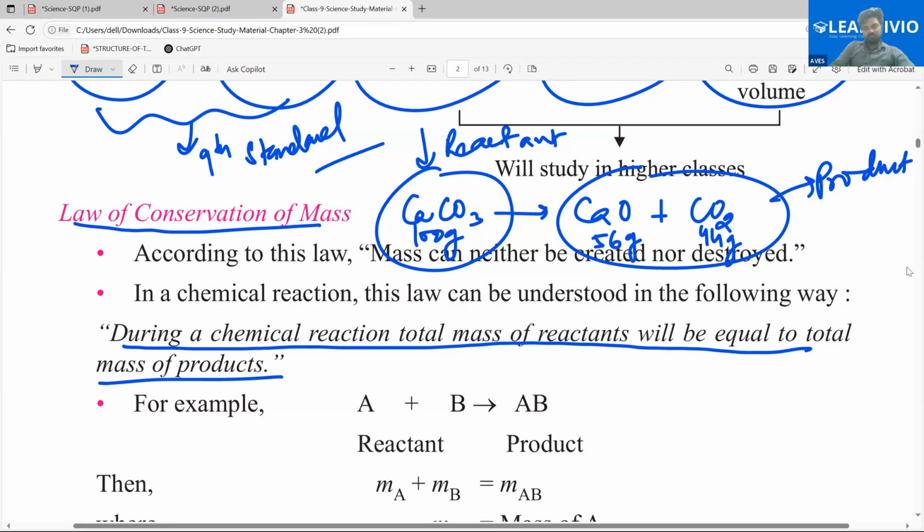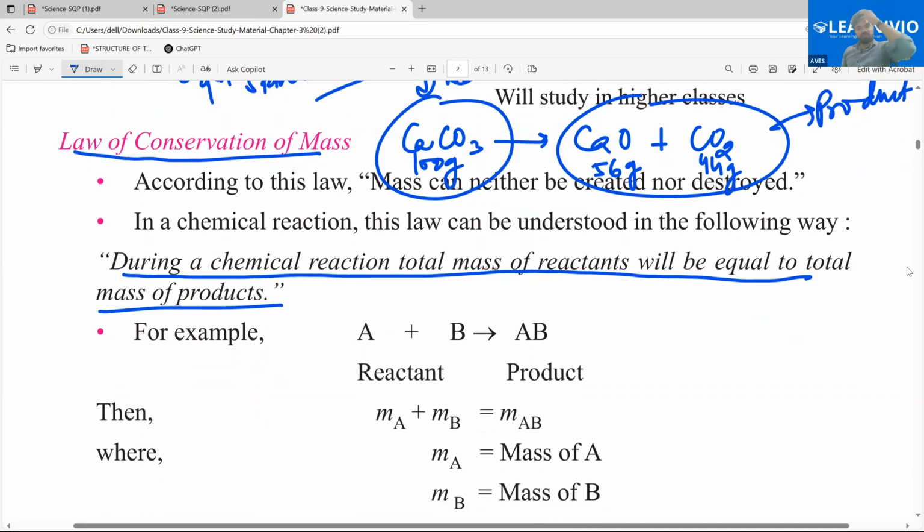When you are done, tell me. Mass of A plus B is always equal to mass of AB.